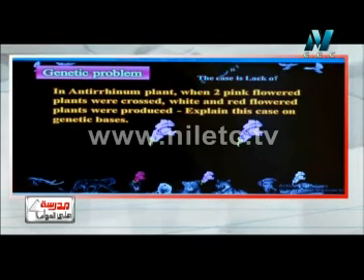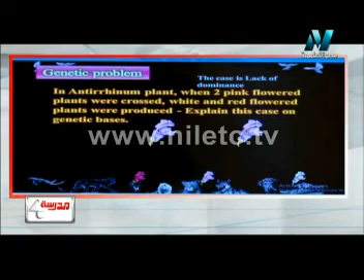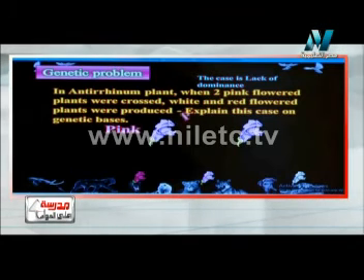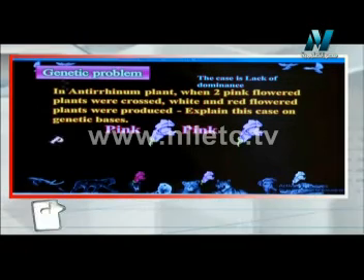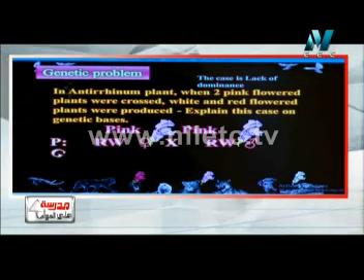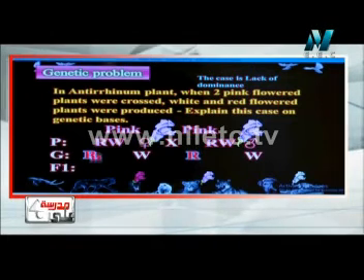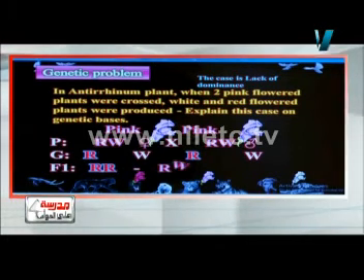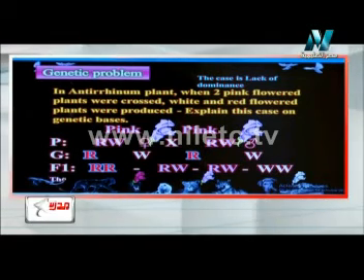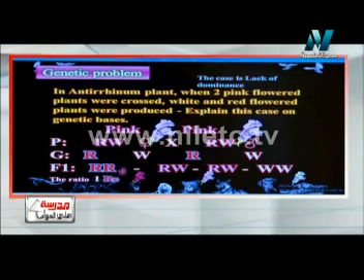The red is represented by capital R, and white by capital W. When the crossing takes place between pink plants, which are impure individuals that carry two different genes, the gametes are capital R and capital W. So the F1 formed as the result of this crossing is 1 red, 2 pink, and 1 white.